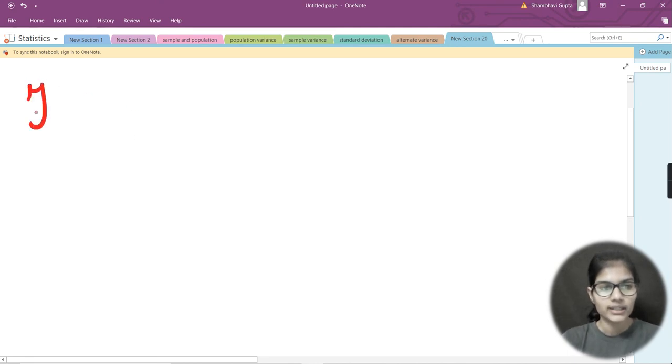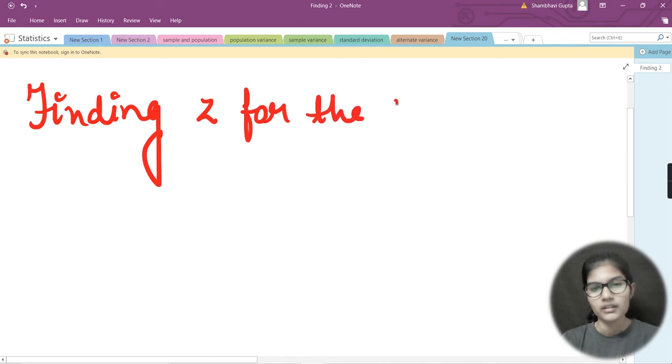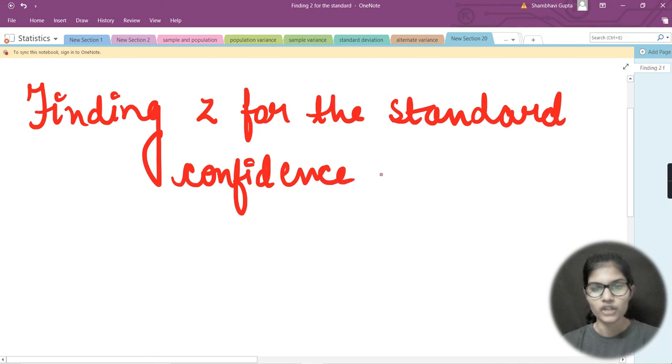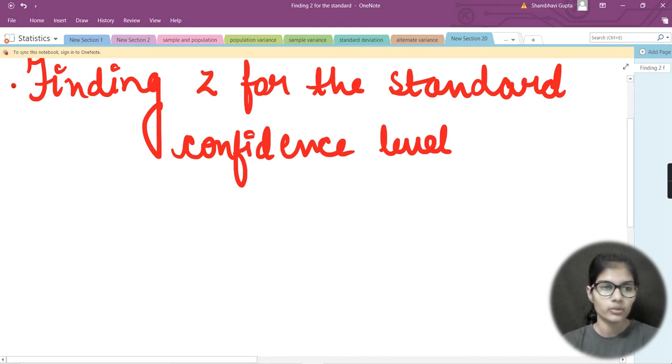I would quickly write the heading: finding Z for the standard confidence level. This is the thing that we are going to do today. Now, how do I find the Z for the standard confidence level?